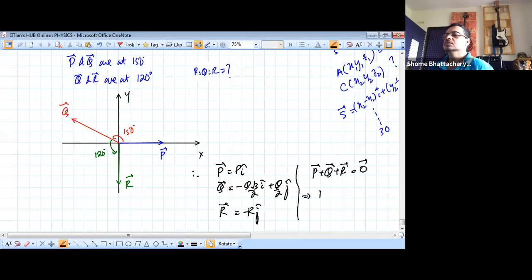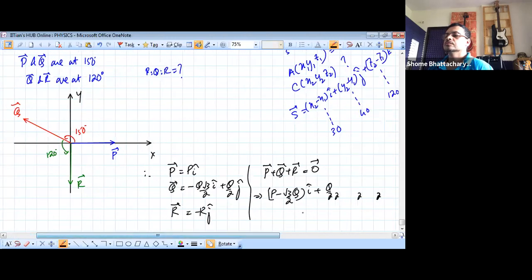That means P minus root 3 by 2 Q i cap plus Q by 2 minus R j cap should be a null vector.